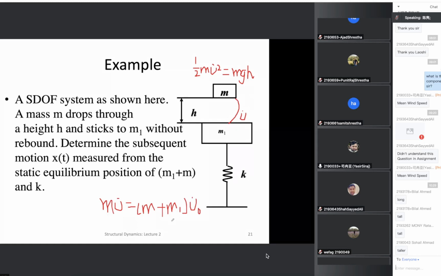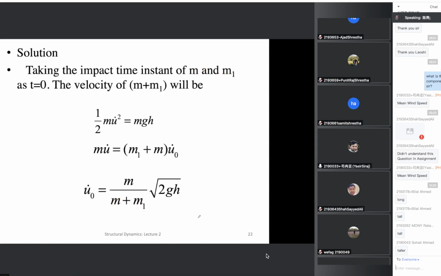Impact, so we have another velocity, and the momentum should be balanced. So this is the initial velocity. I give you the initial velocity here, because the time instant 0 is at the impact. So the velocity of m1 plus m2 should be calculated like this.